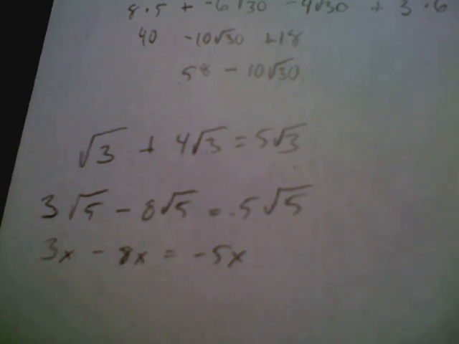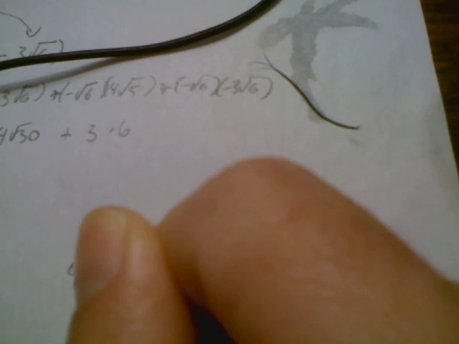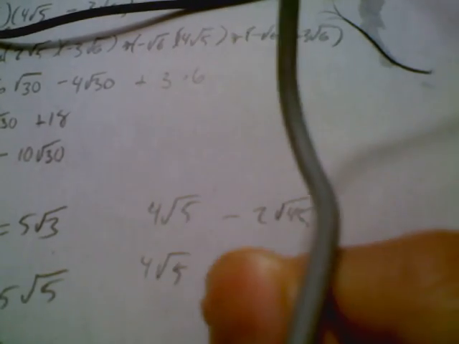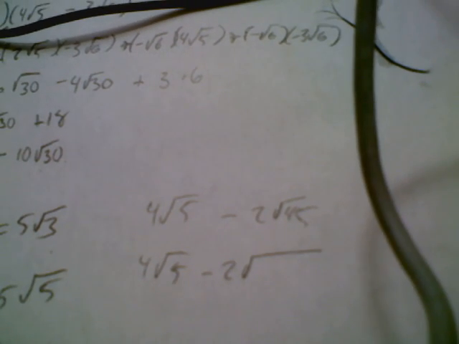However, if we see one that looks like 4 square root of 5 minus 2 square root of 45, we have to change that because this is not in simplest radical form. We have to find a multiplication. The two factors of 45, one of them being a perfect square, are 9 and 5. 9 times 5, correct?